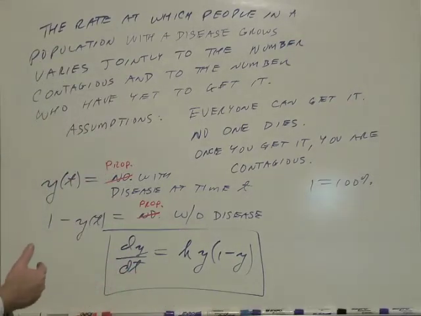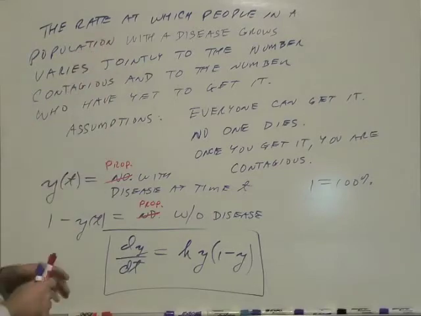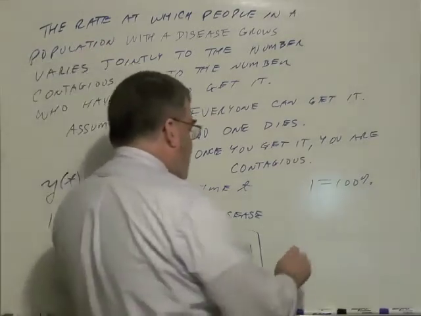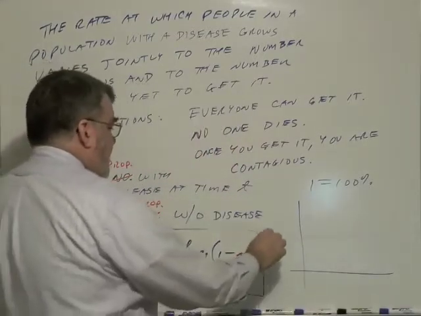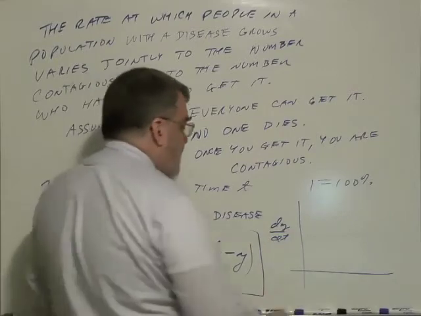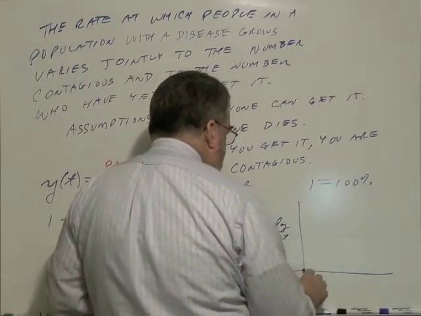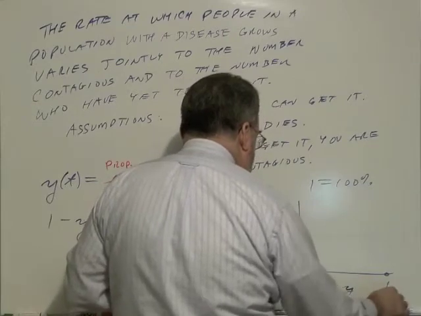That's what the derivative looks like. And then from here we're going to figure out what that function is. That's kind of fun to derive. But does this make some sense? Well, think about this. If I were to graph this, here is the rate of change, in other words, the rate at which people are getting the disease, and here is y, 0 to 1.